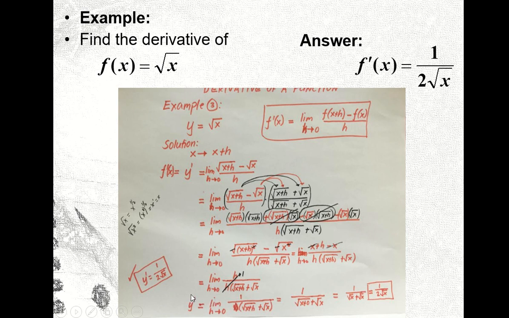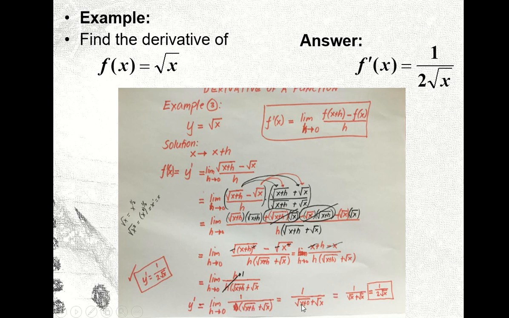The y prime, or the first derivative, is equal to the limit of 1 over square root of x plus h plus square root of x. Now, as h approaches 0, change h to 0. So square root of x plus 0 is still square root of x.